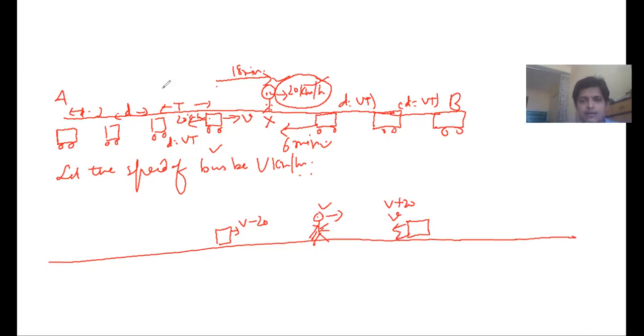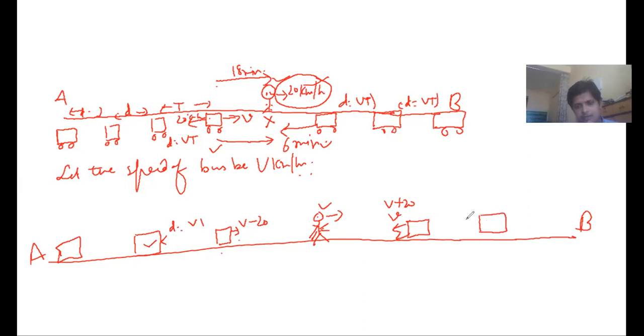Now this bus needs to cross this observer in 18 minutes, and this bus needs to cross the observer in 6 minutes. So let us first draw the diagram of the situation. This is A and this is B. If this bus crosses this observer in 18 minutes, then this bus will come here, and similarly if this bus crosses this observer in 6 minutes, then this bus will come here.